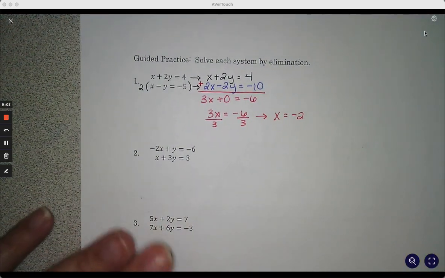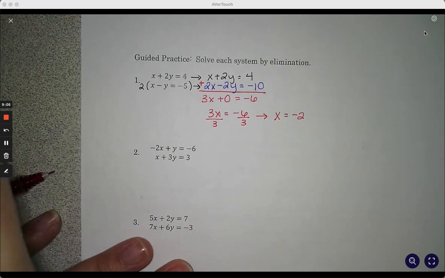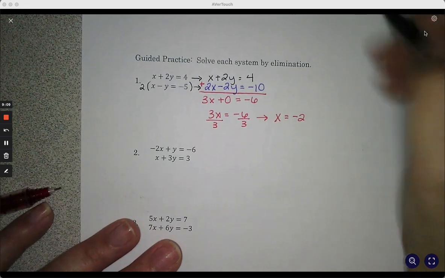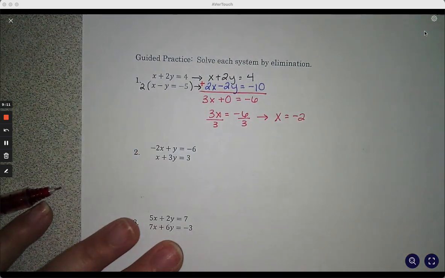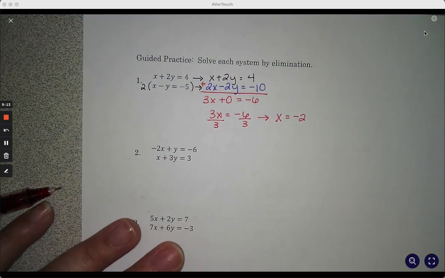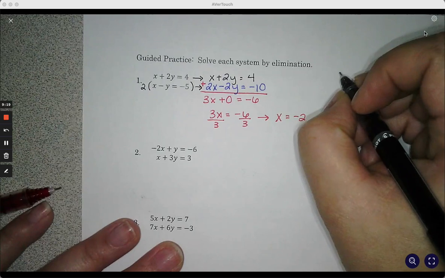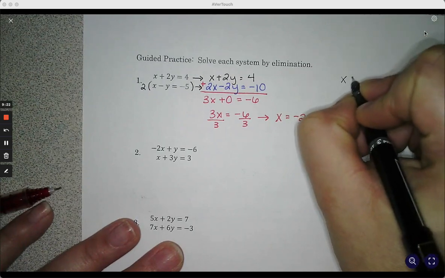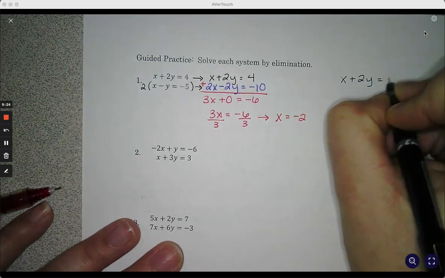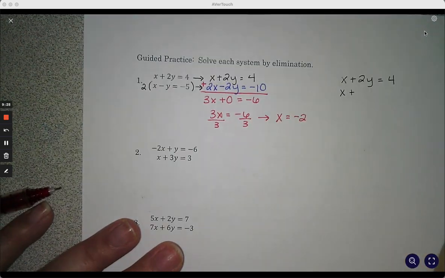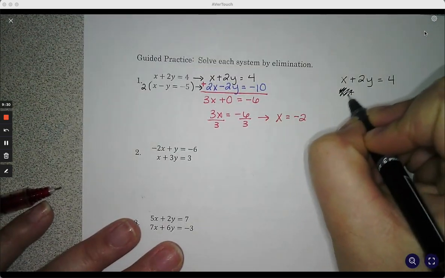So this is where now I'm going to take it and plug it back into an original equation. And I'm going to use the top equation. Can I use the bottom one? Absolutely. Do I have to? No. Okay. So we have x plus 2y equals 4. I'm solving for y, duh. Okay, my bad.